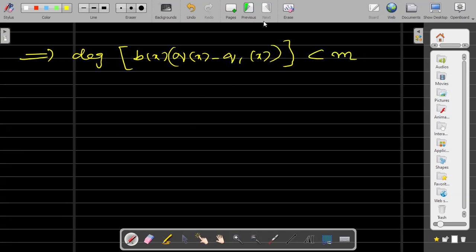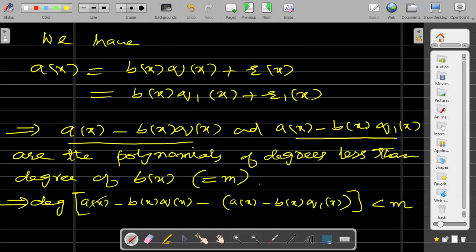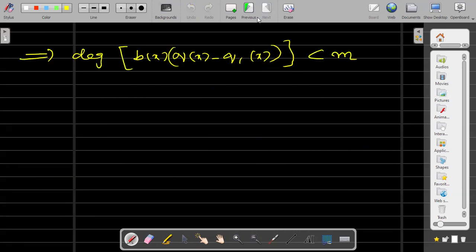You can check it. This is a(x) cancels, this is b(x) q(x), then minus minus plus b(x) q1(x). So it is b(x) times q1(x) minus q(x) actually.